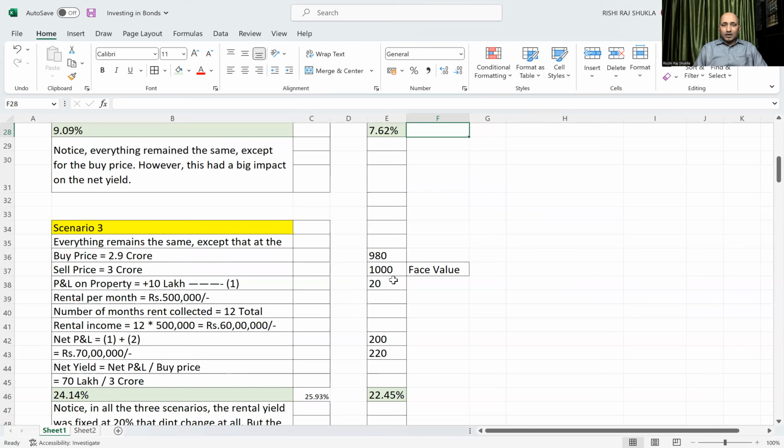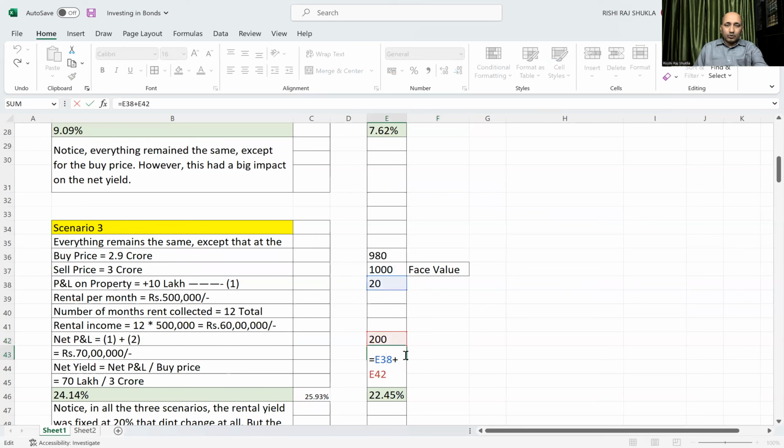Of course, the profit on sale of this bond is 20, again this 200 because this is 20%, and this 220. How? This 20 plus 200. So this will be 220 total profit.